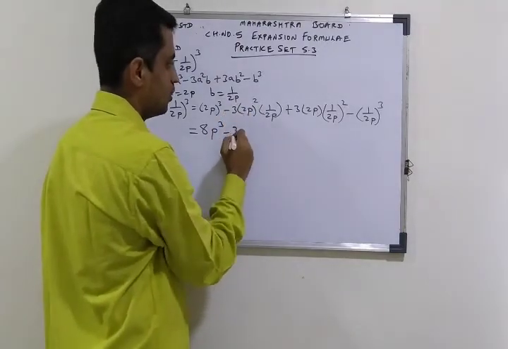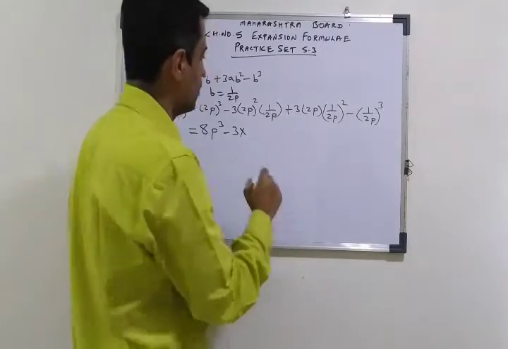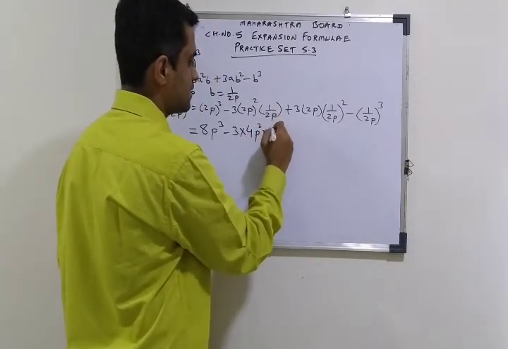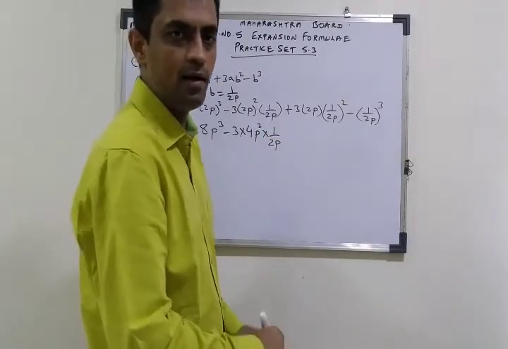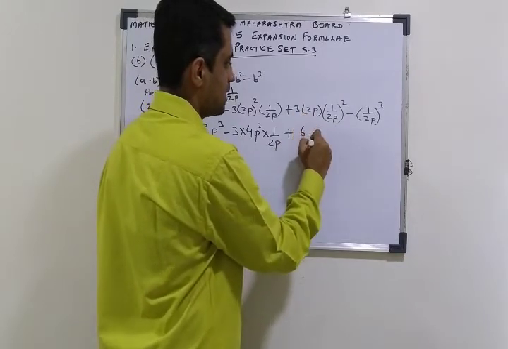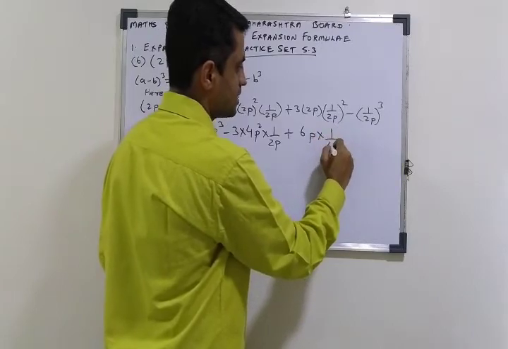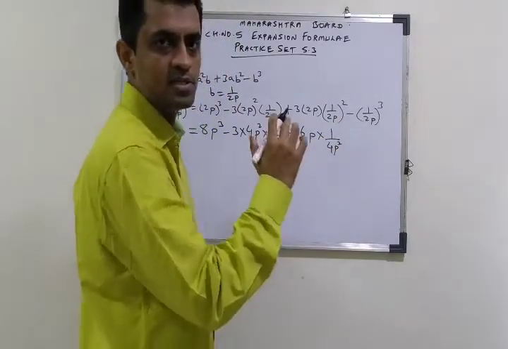Minus 2 into, let us solve this, 2 square is 4. P square is P square into this as it is. Are you getting everybody till here? Plus 3 2s are 6p into 1 square is 1. 2 square is 4. P square is P square. So we are solving each and every part.